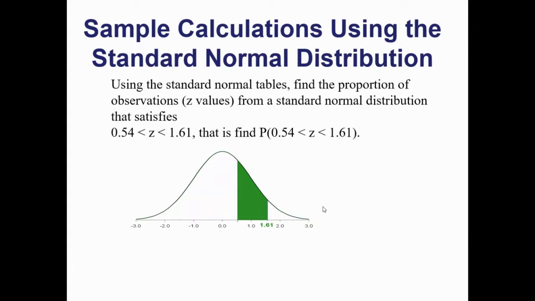Which one do I put first? The probability of 1.61 minus the probability of z being less than 0.54.